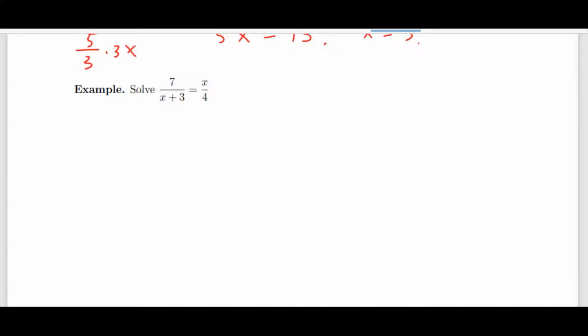For this equation, the denominators are x plus 3 and 4, so we just multiply by x plus 3 and 4.